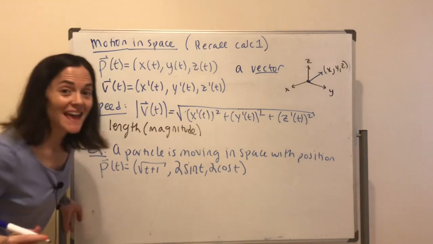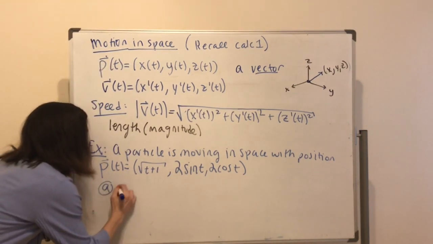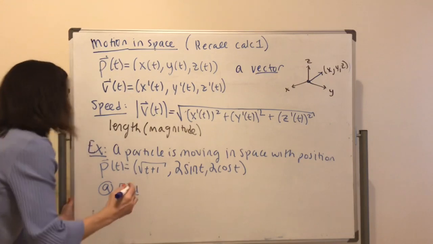And then we have a part A and a part B. Part A says find the velocity.